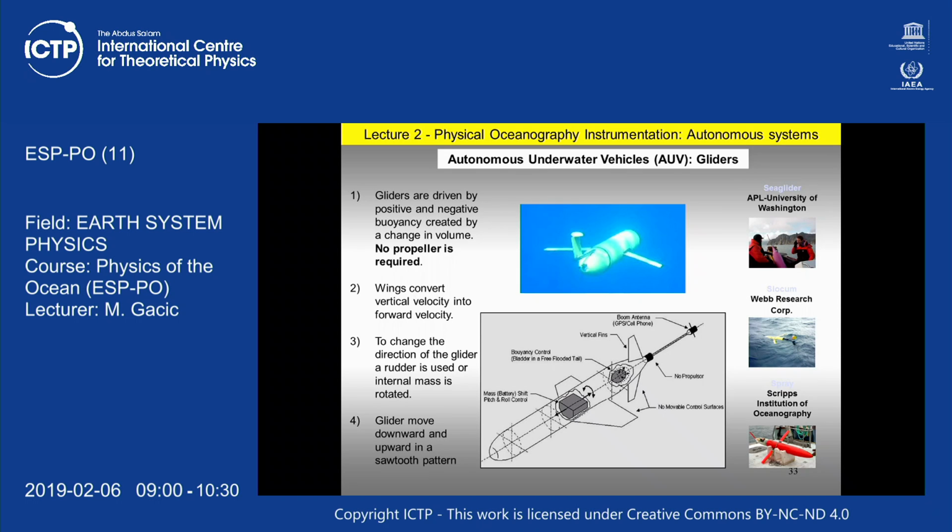And here is the battery and buoyancy control. This thing here is the antenna by which the glider sends the data to satellite. And wings convert vertical velocity into forward velocity. That's important. It's like an airplane.